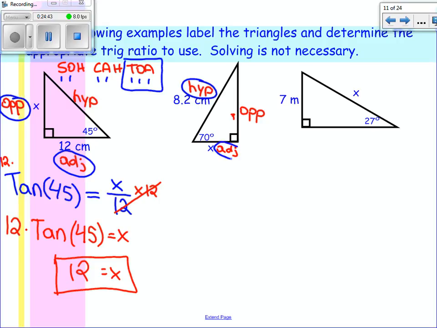I then have to use SOH CAH TOA to figure out which thing I'm going to use. So I'm going to write out SOH CAH TOA. SOH CAH TOA is a way of using it as a checklist. The first letter in all three of them is free. So I'm going to check off my S, my C, and my T. Those are your free spaces.